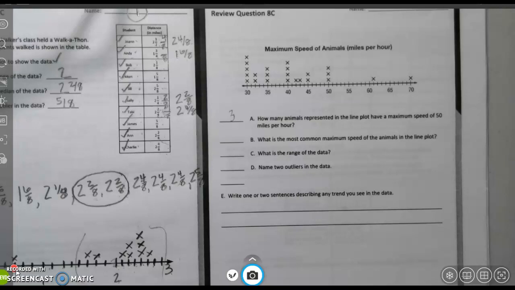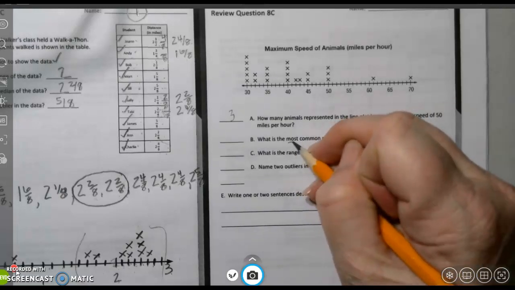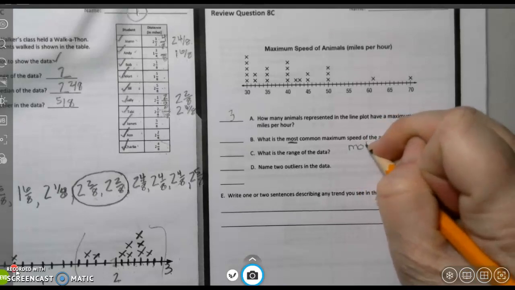Ooh, I love question B. What's the most common? When we see most, we know that most starts the same as mode. And so that's going to be the one that happens the most. Well, we look at our line plot and which speed happened the most times.